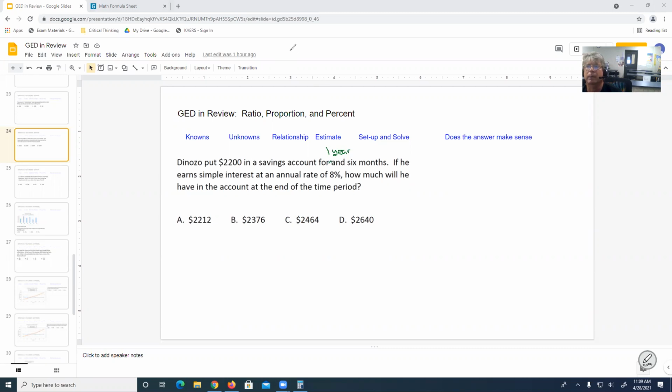Okay, so that fixes that. So let's go back to our reading again. Denozo put, again, $2,200 in a savings account for 1 year and 6 months. If he earns simple interest at an annual rate of 8%, how much will he have in the account at the end of that time period?